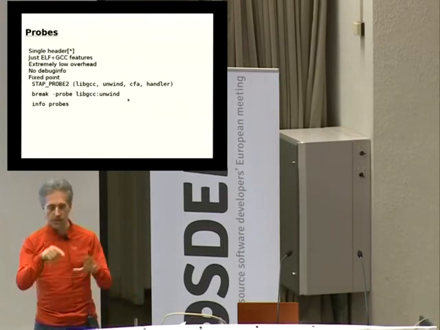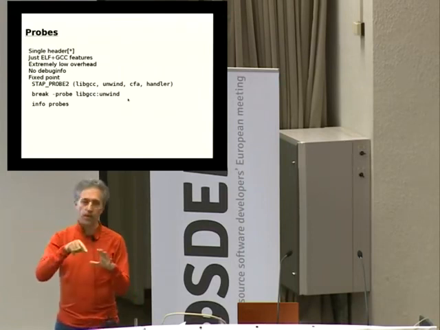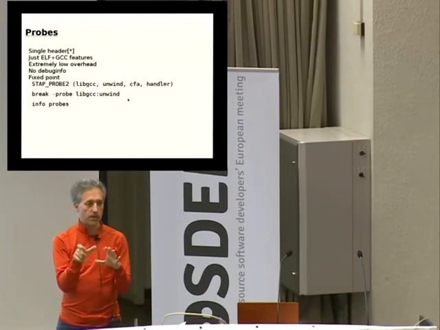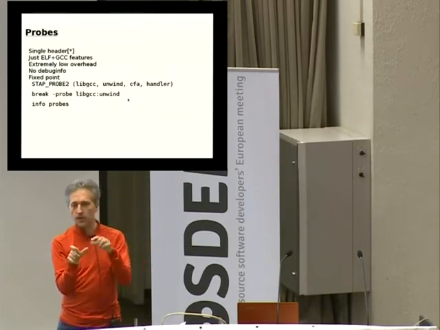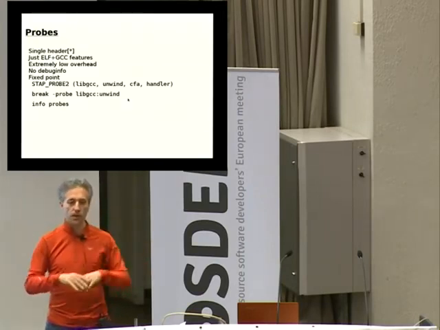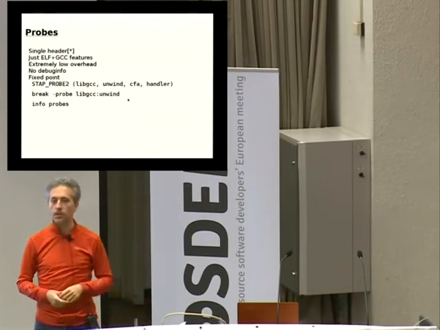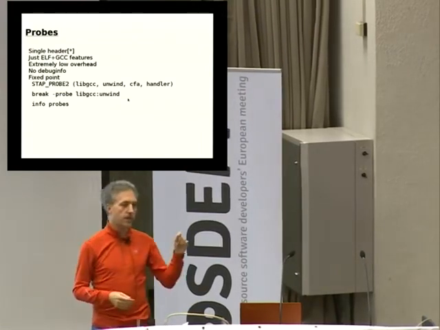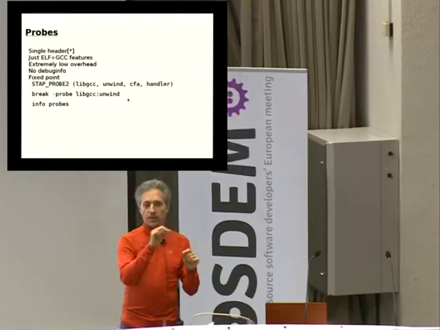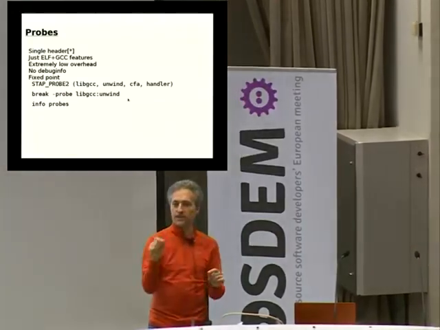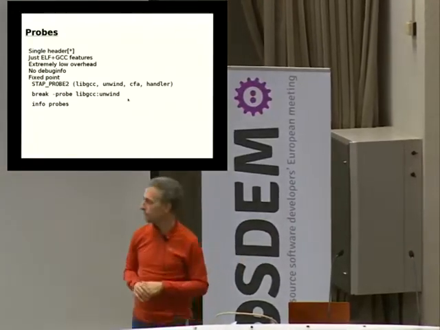There's always a reason. Well, you can stick a probe point in there, and the probe point lets you reliably find that spot in the middle of a function without messing up your program logic or having to hard code a line number into your Python code, which is inherently fragile.